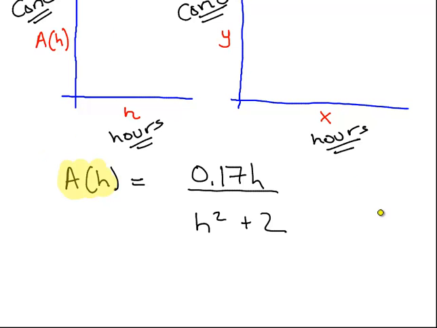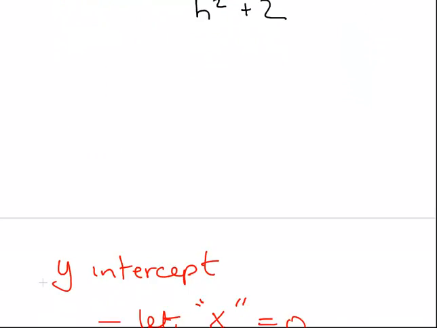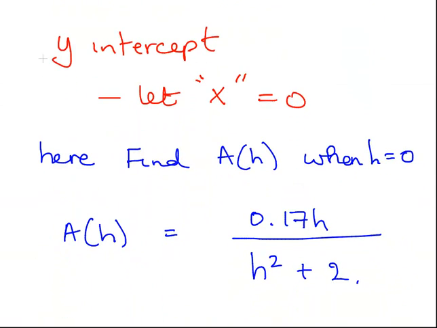Okay, so let's go down to this next part here. Y-intercept. The general procedure for finding a Y-intercept is to let X equal 0. So here what we have to do is find A(H) when H is equal to 0.